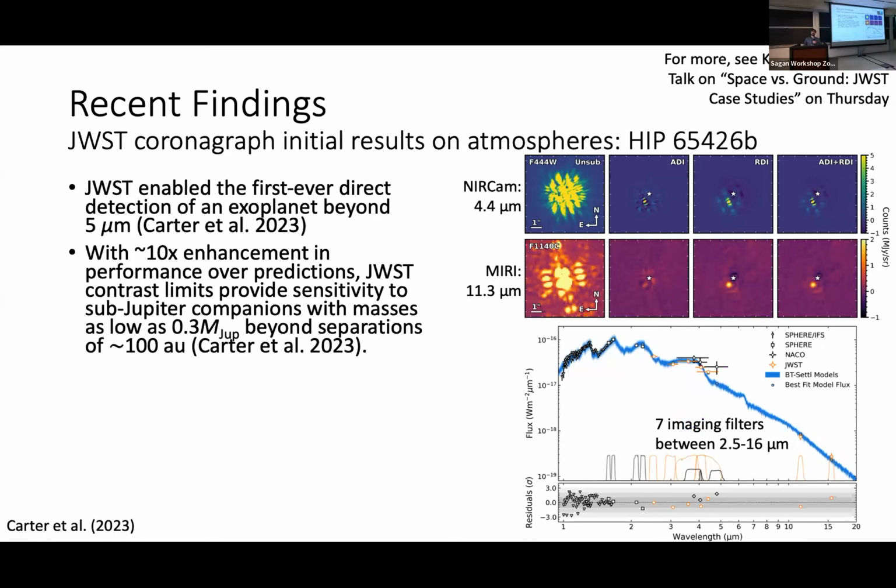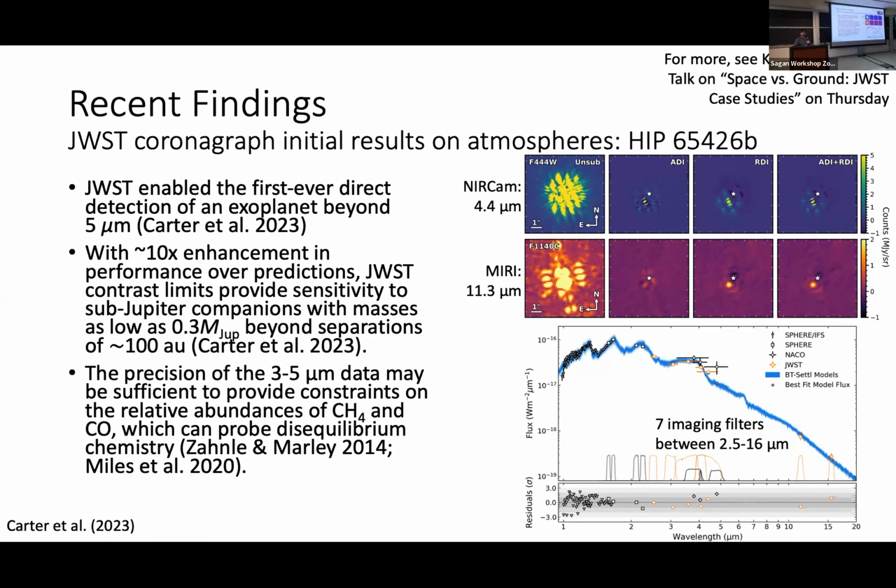JWST is performing excellently for this. And so stay tuned for Kim's talk later in the week to dive deeper into ground versus space and JWST observations. But I think that this bodes well for being able to study these young giant planets widely separated from their stars at longer wavelengths than we've had access to before.